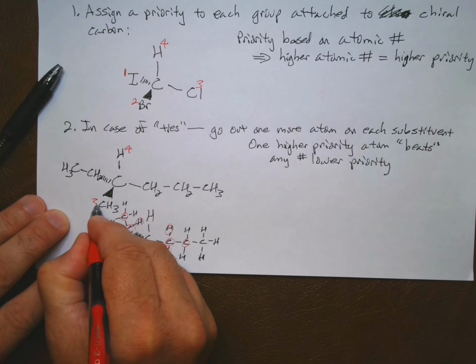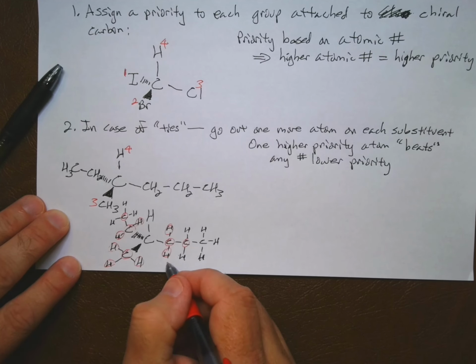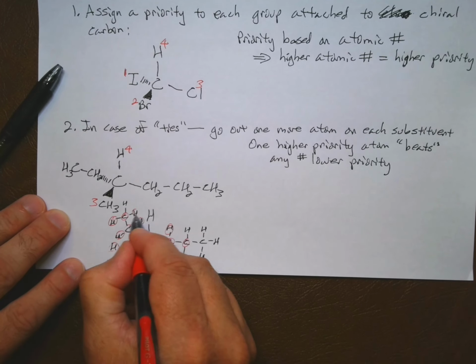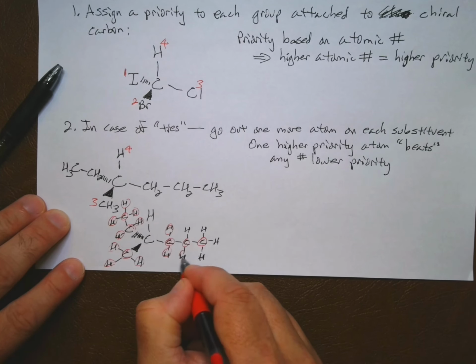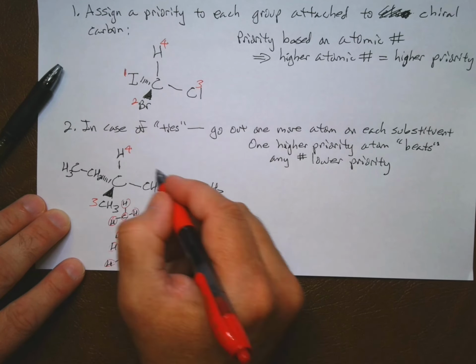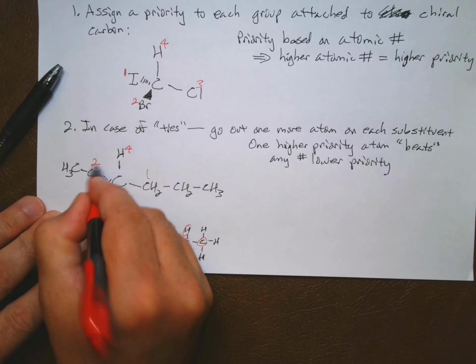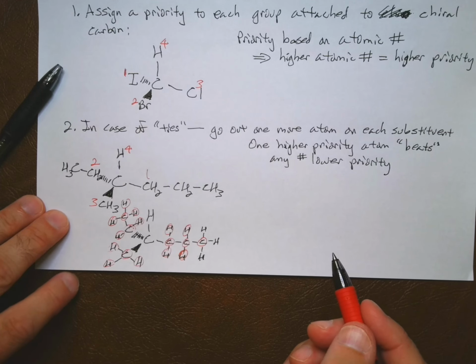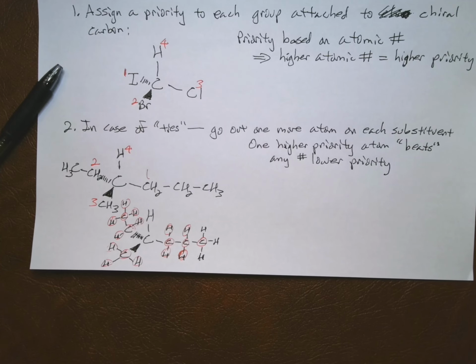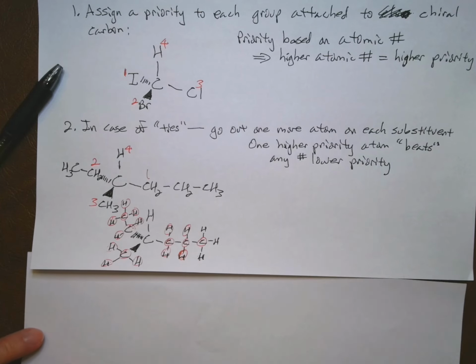So this methyl here is our 3rd priority. Now these guys are tied, so we have to go out one more, and I've got 3 hydrogens versus a carbon and 2 hydrogens. So this propyl group has the highest priority, so this is 1, and then the ethyl group is 2. Okay, so that's what happens if you have ties, and the best way to try this out is simply to practice.